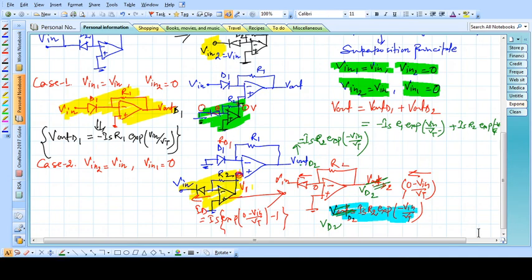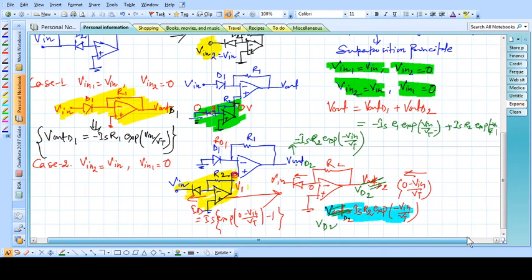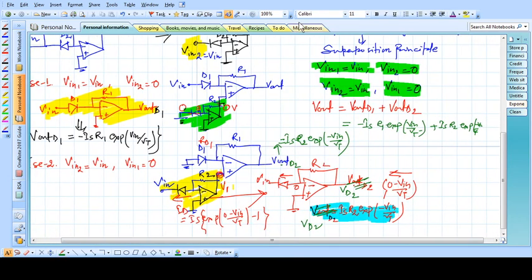Wait, this should be your minus V in by Vt.